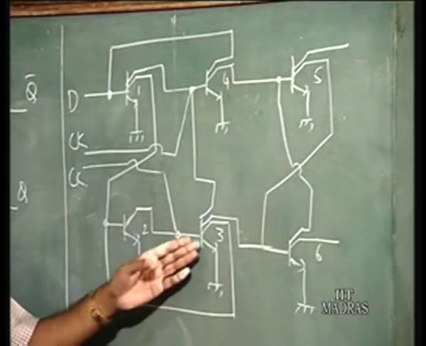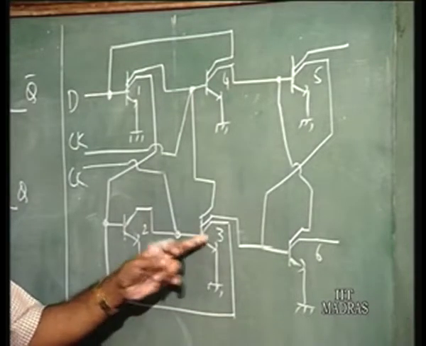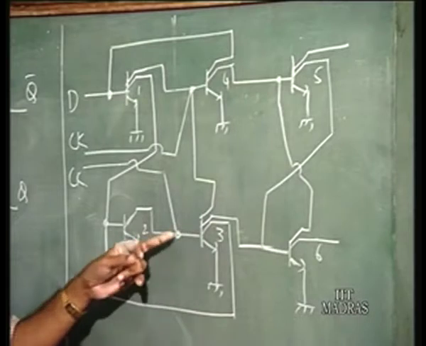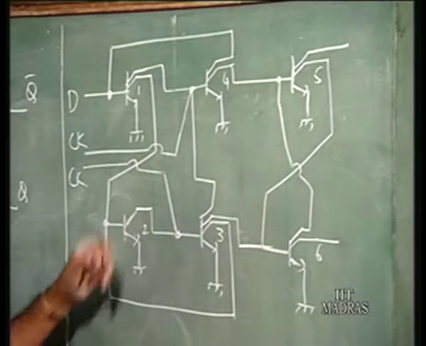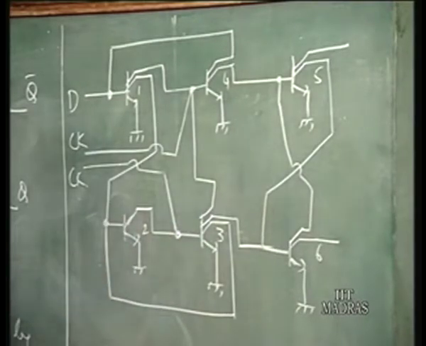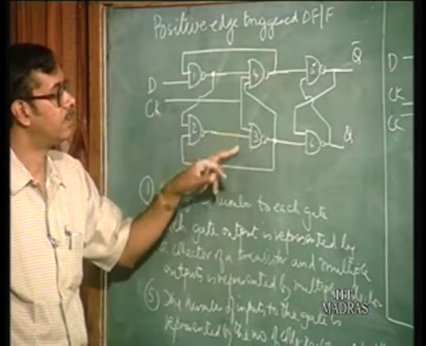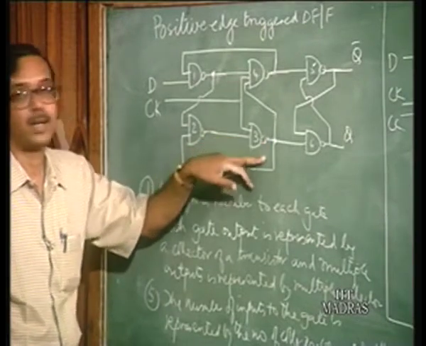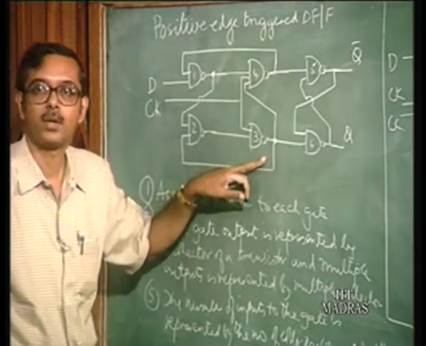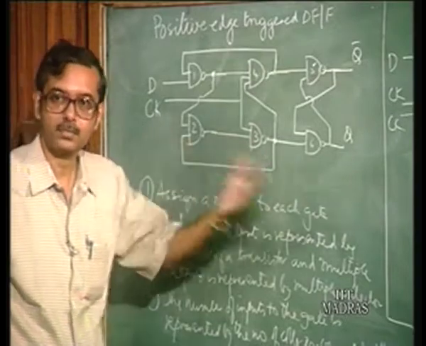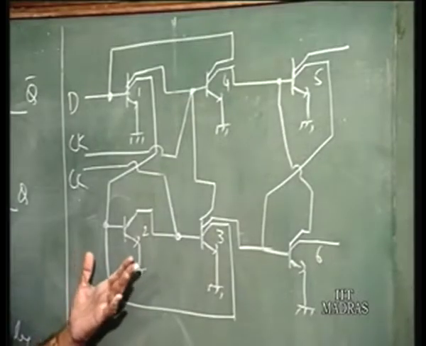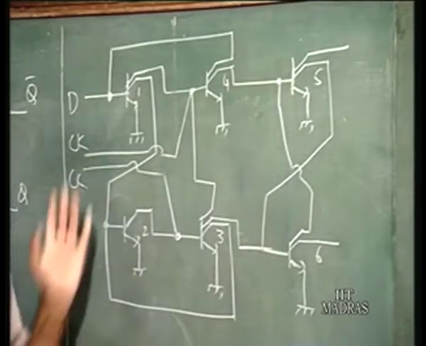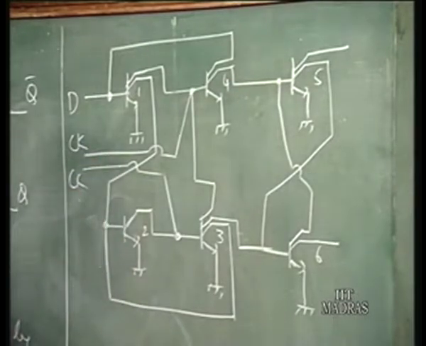Similarly, gate 3 has 3 collectors and just 2 inputs. So, it is a 2 input NAND gate with a fan out of 3. You can check, verify. It is very important to verify. It must satisfy the rules which we have laid down.